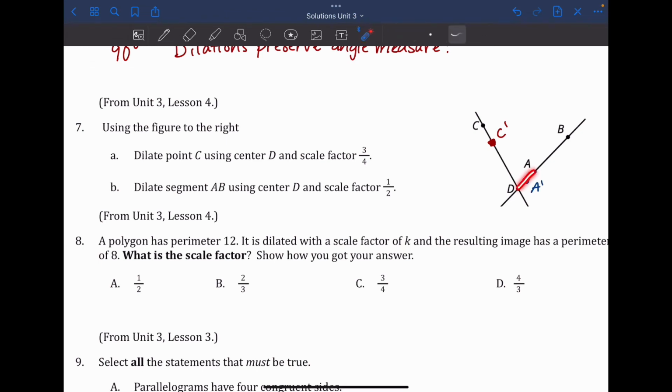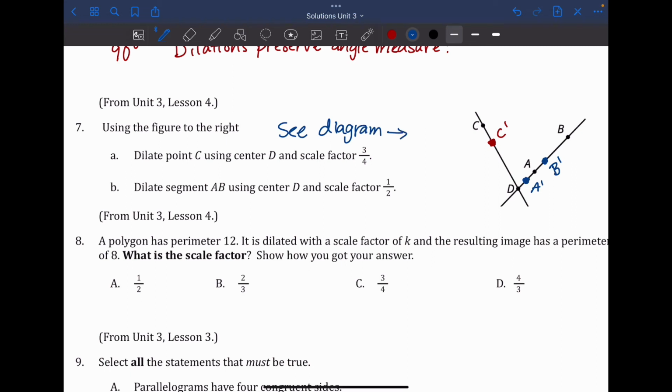So I am looking at this distance here when I mark half, which is going to be right about there. So half the distance from B to D makes B prime. So that is the result of our dilation. So I'm going to say C, diagram, because that is how I answer this.